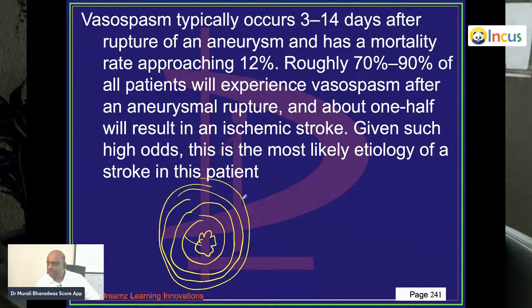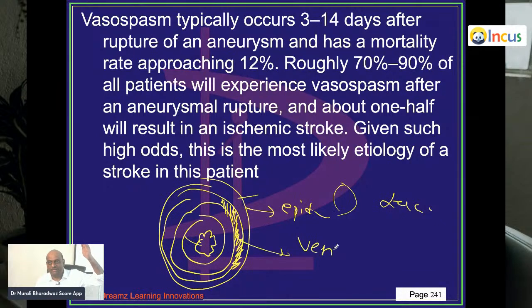If there is a bleed between dura and calvarium, you call it an epidural bleed. It will be biconvex in shape. You get a lucid interval. Then subdural will be crescent shaped, venous bleed, no lucid interval.